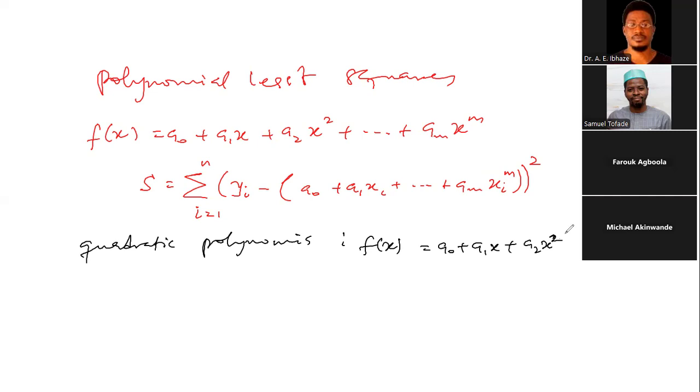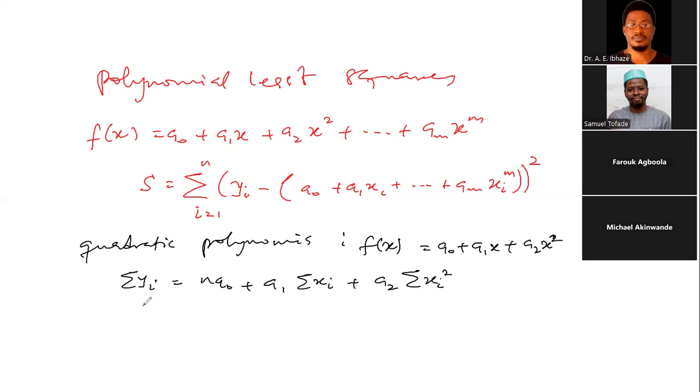This is where the quadratic polynomial stops. So we already know what this function is. The next thing to do is to expand the expression so that sigma y sub i will be the same as n a0 plus a1 sigma x sub i plus a2 sigma x sub i squared.